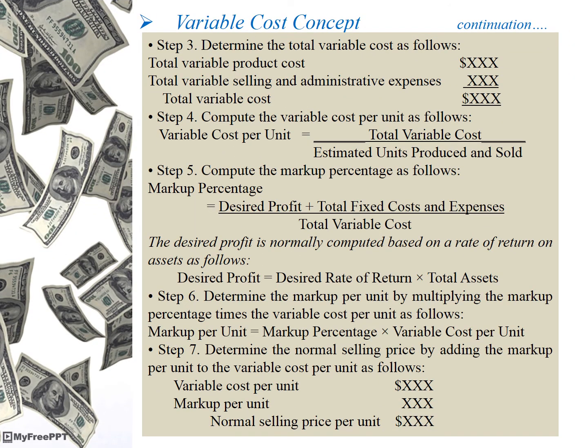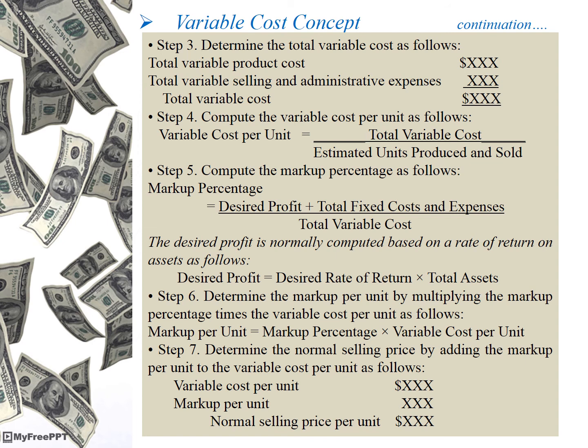Step 3. Determine the total variable cost as follows. Total variable product cost plus total variable selling and administrative expenses is equal to total variable cost. Step 4. Compute the variable cost per unit as follows. Variable cost per unit is equal to total variable cost divided by estimated units produced and sold.